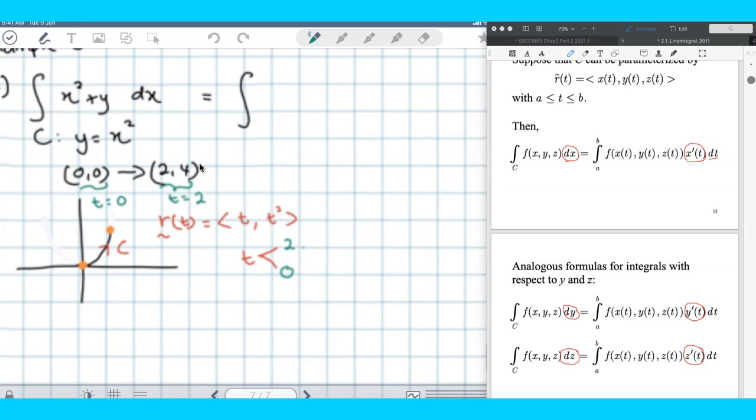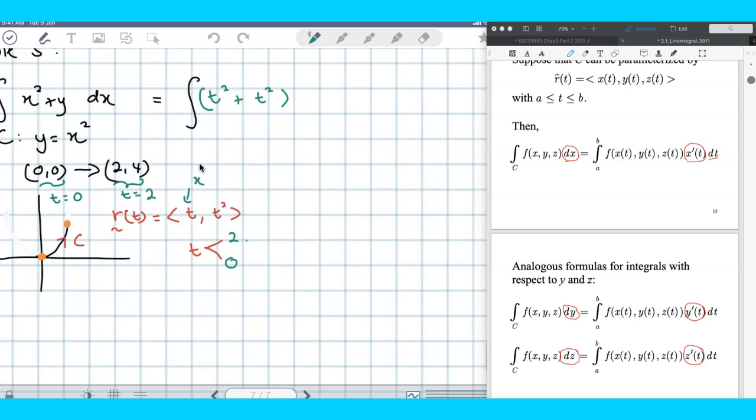Okay, so now you have to convert the x squared plus y in terms of t. So x is t, so x squared is t squared, plus y is t squared. And then your dx, how can you convert into dt? You have to differentiate x. Your x is t, so differentiating t, you get 1 dt.